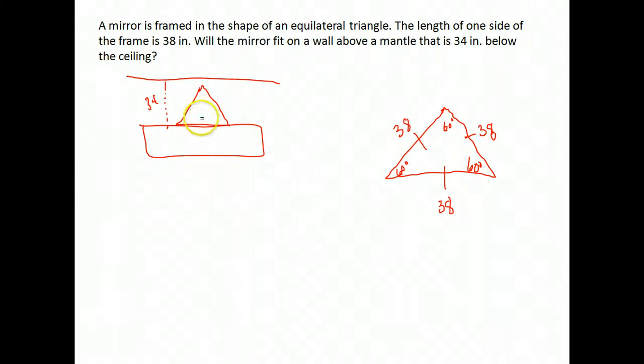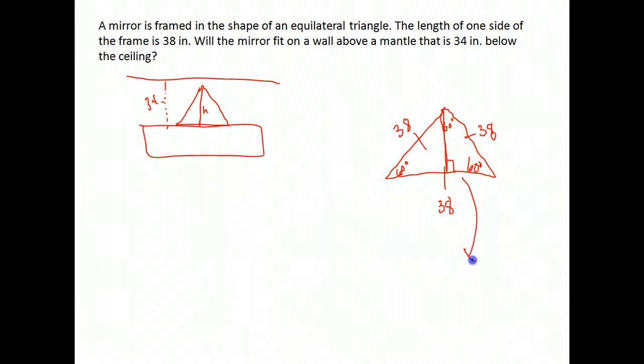So they want to know, are you going to be able to fit the clock there, or is the height of this triangle too big? So if the height is less than 34 inches, it's going to fit. If the height is bigger than 34 inches, it's not going to fit. So we need to find the height of that triangle so we can determine whether it will fit or not. Again, the height goes straight up the middle and makes a right angle.